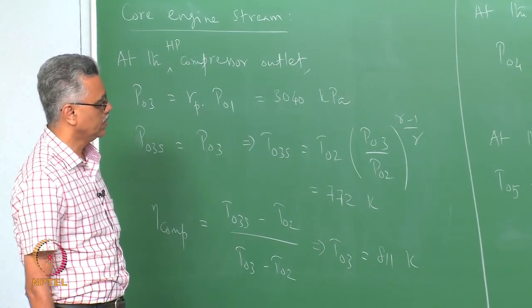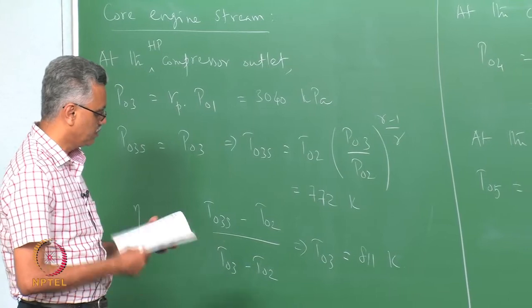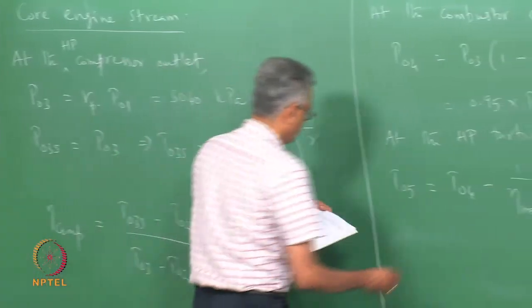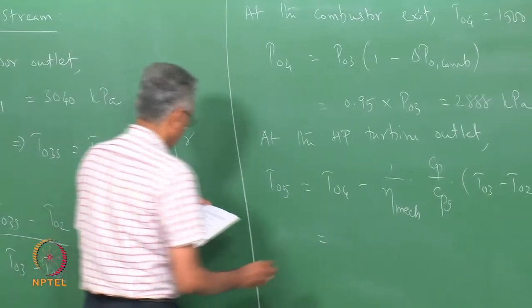I know all the quantities on the right hand side. If I substitute the values, I get T05 to be 1065 Kelvin.